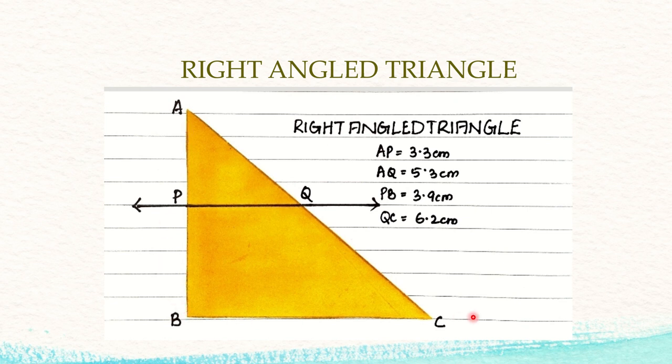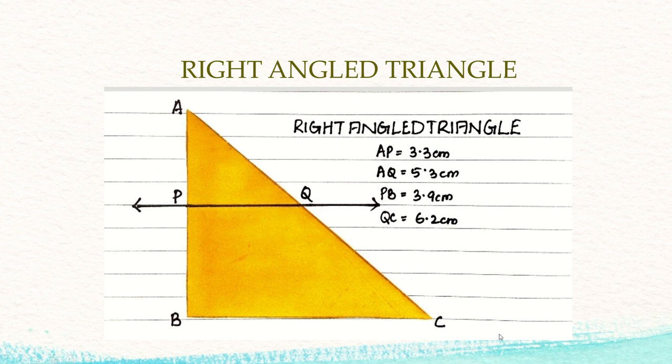Cut a right angle triangle and paste it on a ruled paper so that the base of the triangle rests on one of the lines of the ruled paper. And join any two points of the lines which exist on the ruled paper to get the line parallel to the base. Measure the sides AP, PB, AQ and QC.